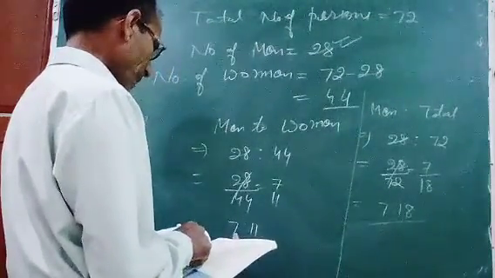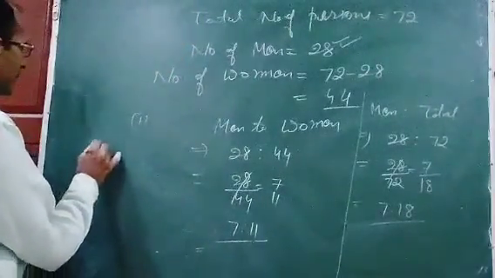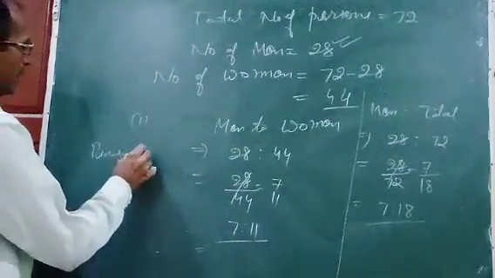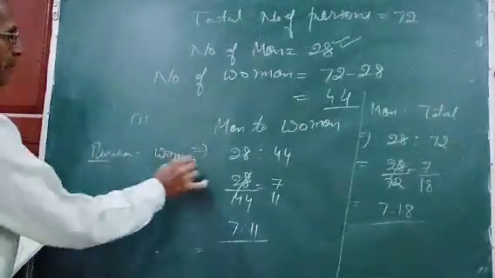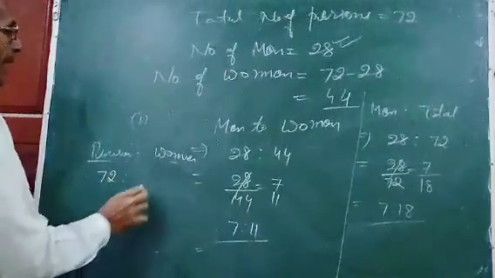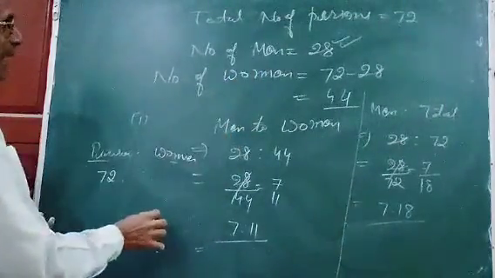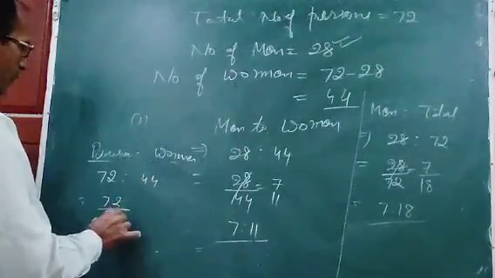Next part, total persons to that of women. So this side I am solving. Total persons are 72 and women are 44. So 72 by 44.